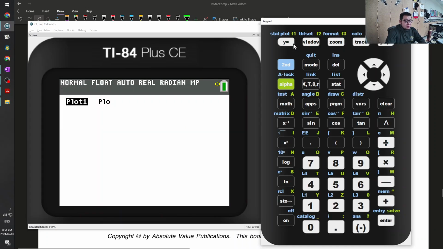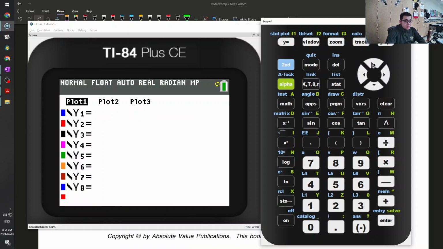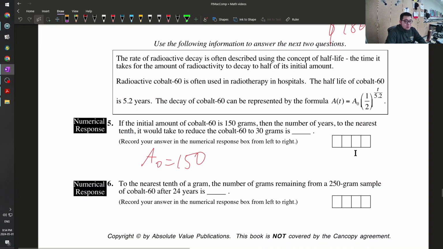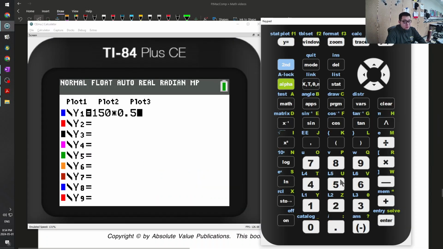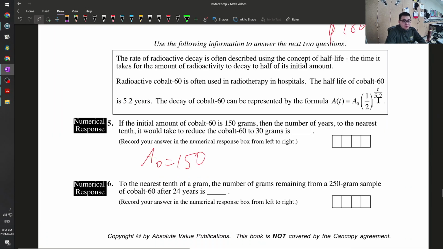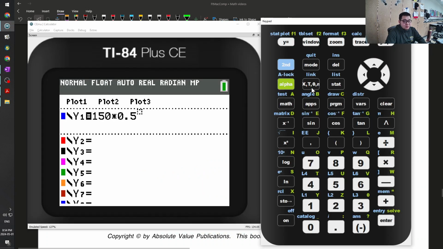Okay, so Y is equal to, we can disable plot 1, 150 grams to start off, times 0.5 to the power of x divided by 5.2. Let's think about what my window should be.